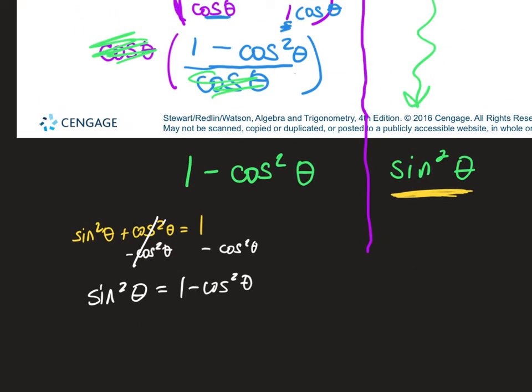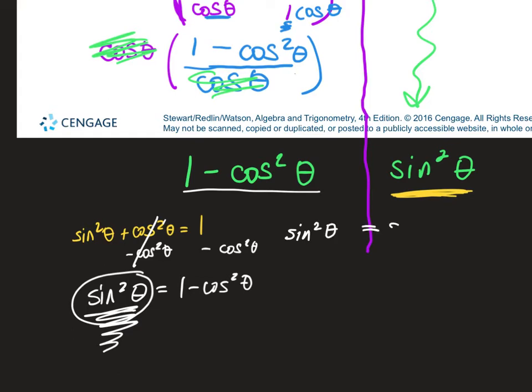You agree? So this right here, this 1 minus cosine squared, I can replace it with what? What does it equal? 1 minus cosine squared theta. So could I write now sine squared theta equals sine squared theta?